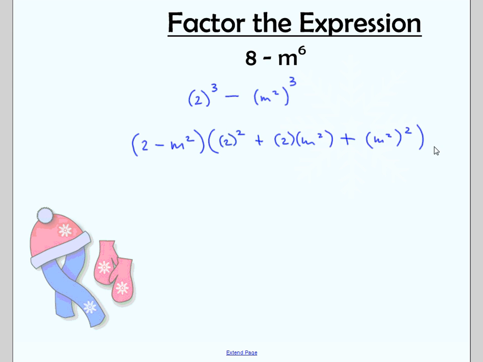Then my last step is to just clean it all up, so I have 2 minus m squared. 2 squared is 4, plus 2 times m squared is 2m squared. Then m squared squared, remember you multiply the exponents together, so this is going to be plus m to the 4th. So that is now fully factored.